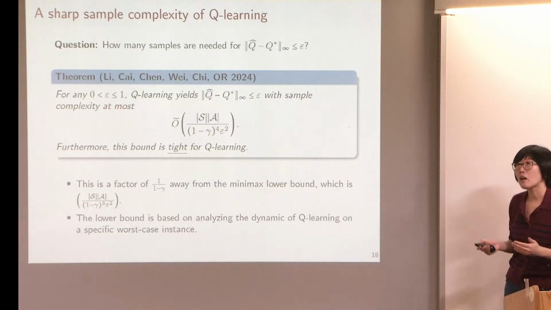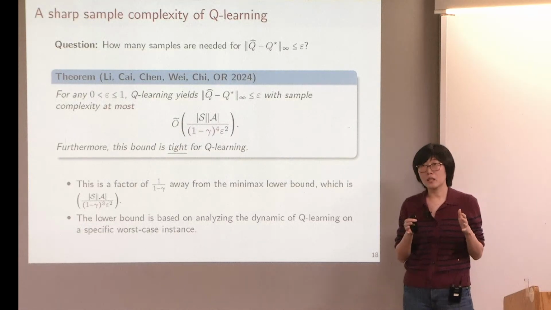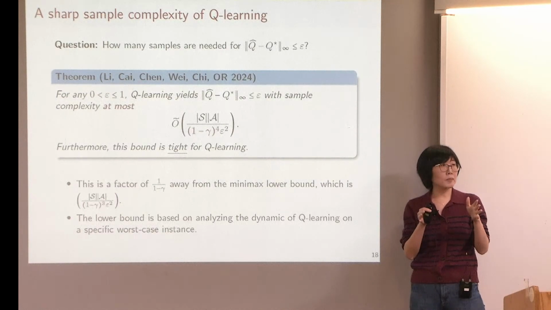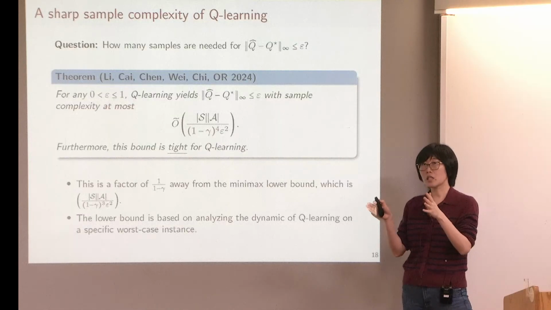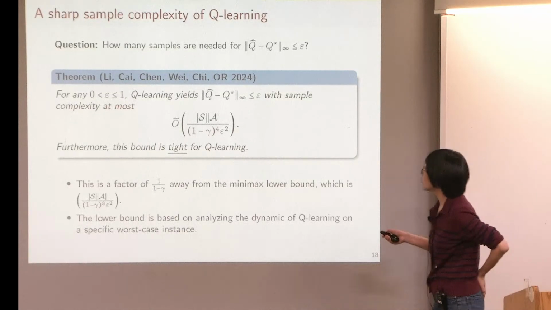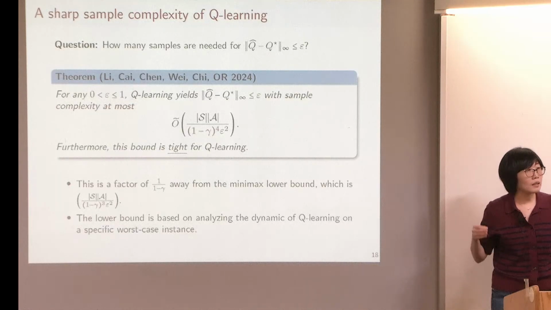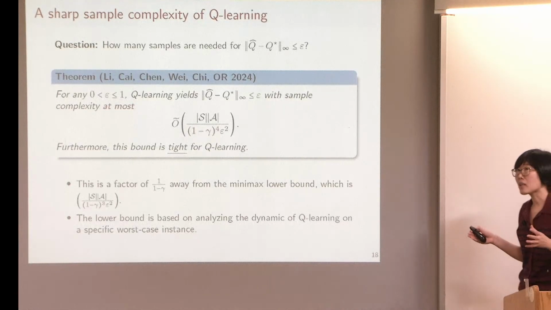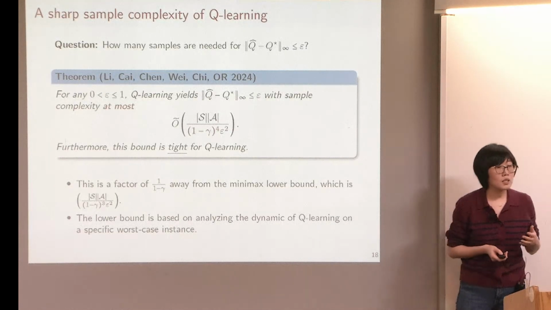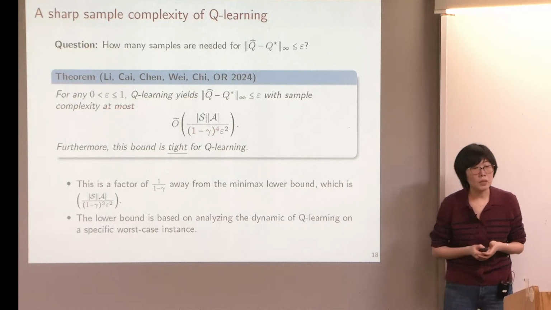So this shows a sharp divide between the minimax lower bound achievable by a model-based approach versus what is achievable by a model-free approach like Q-learning. And this is sharp for Q-learning, which means you can find instances of MDP where, when you run Q-learning, the sample complexity provably scales with the fourth order of the effective horizon. So this gives a tightened understanding of the sample complexity of Q-learning.